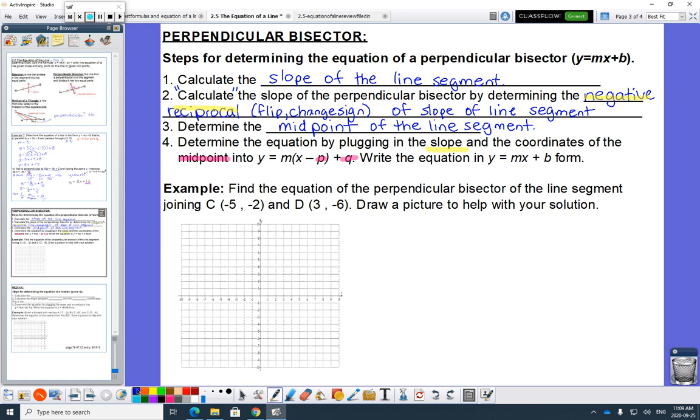So graph the line if you want first. If it's a terrible photocopy, each line counts as one.